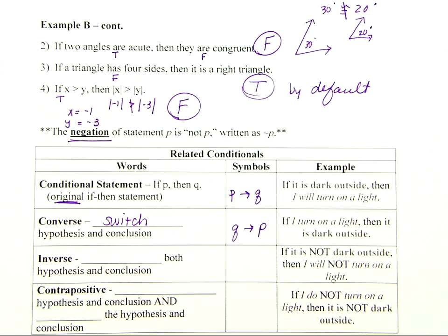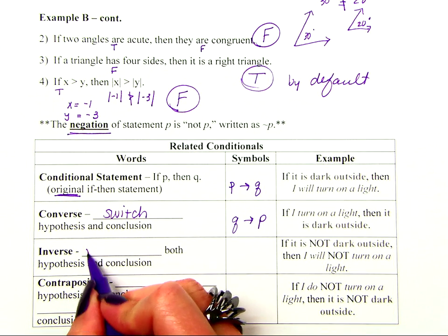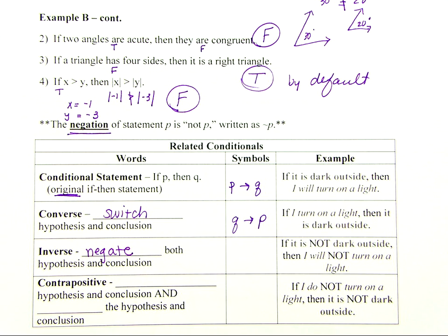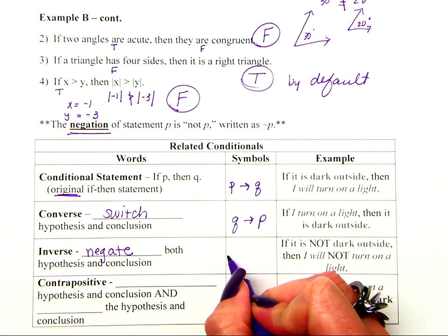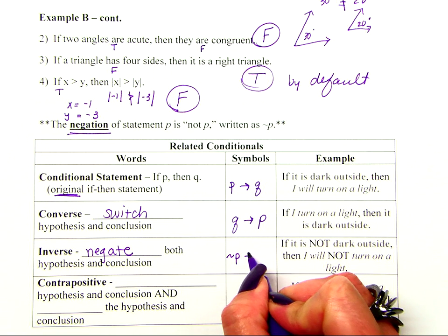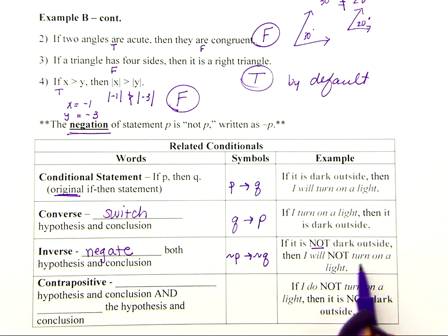The inverse is what we get if we negate both the hypothesis and the conclusion. So I go to my original if-then, negate them, and say, if not P, then not Q. If it is not dark outside, then I will not turn on the light.